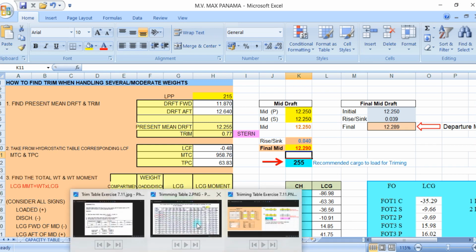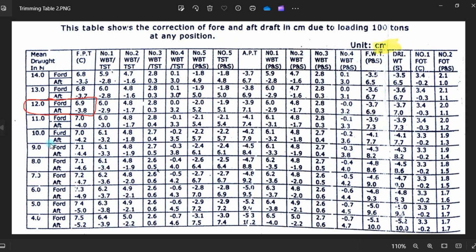So you go, the nearest is 12 meters from your 12.25. So for the forepeak, the forward correction will be 6.9 and aft draft correction will be negative 3.8.